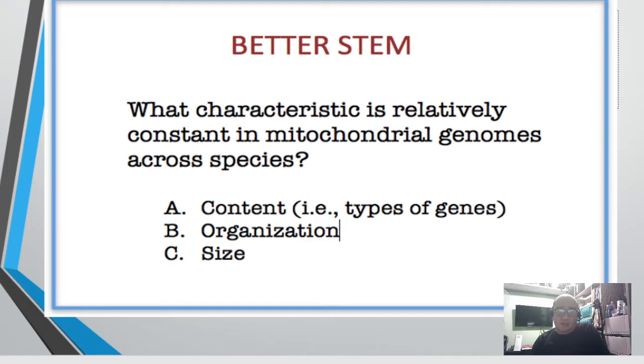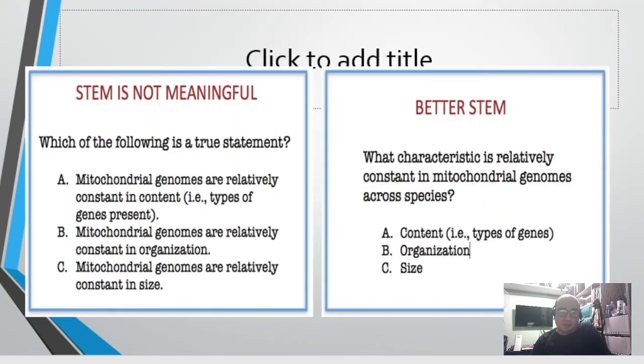This is a better STEM. What characteristic is relatively constant in mitochondrial genomes across species? Usually a better STEM is in the form of a complete question. So in comparison, we have the meaningful STEM and the not meaningful STEM.